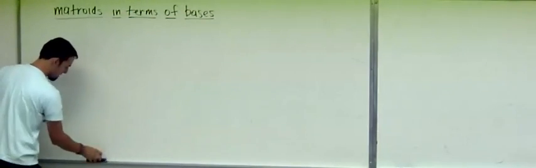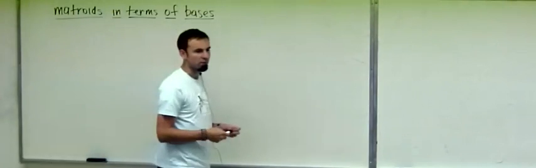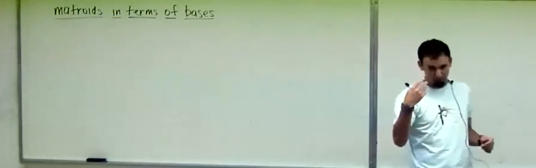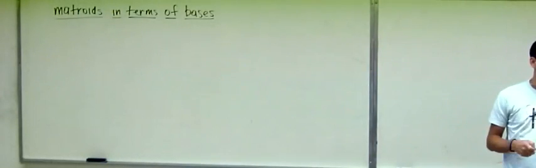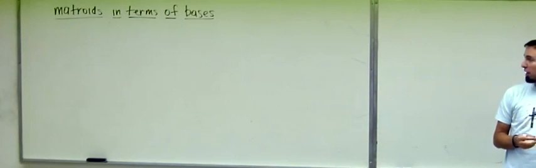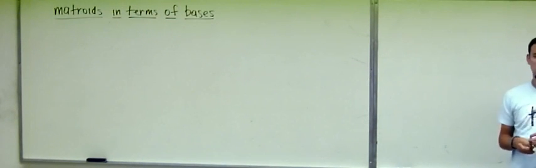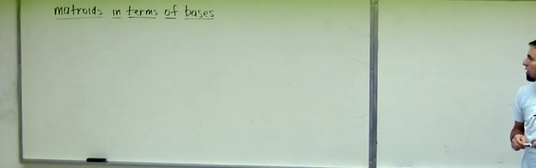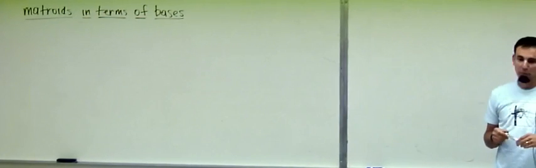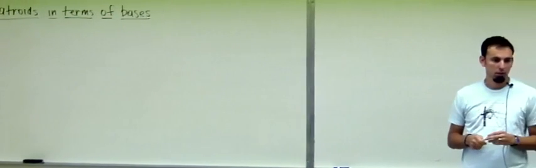Well, in the definition that I gave of a matroid, I said a matroid is a set and a collection of independent sets. According to that definition, independent sets are the important thing. But from other points of view, sometimes bases are more important than independent sets. So what I want to talk about today is how you can talk about a matroid only in terms of its bases.